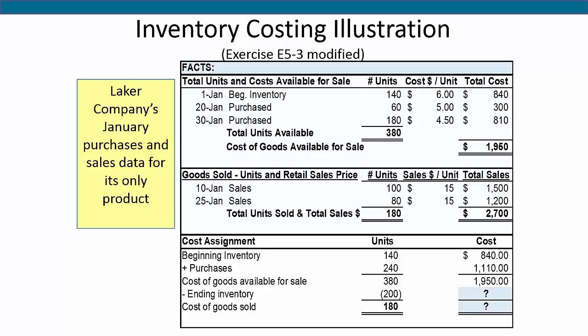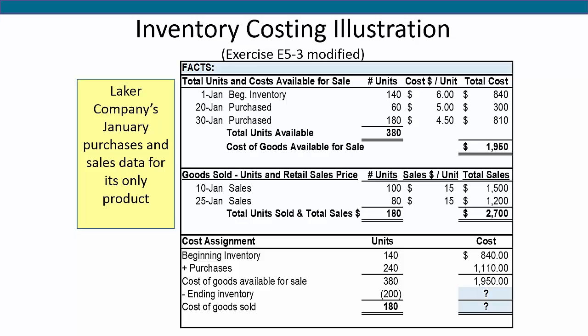A word of caution for you then. Notice in the middle section of the screen there's a section about the units sold. It's the same in the textbook. The dollars sold are the sales dollars at the retail sales price. This is not the same as the cost of the units. It is what will be recorded as sales revenue and accounts receivable when the units are sold.